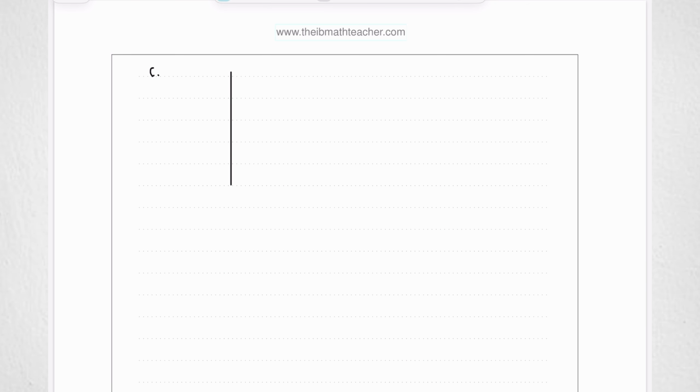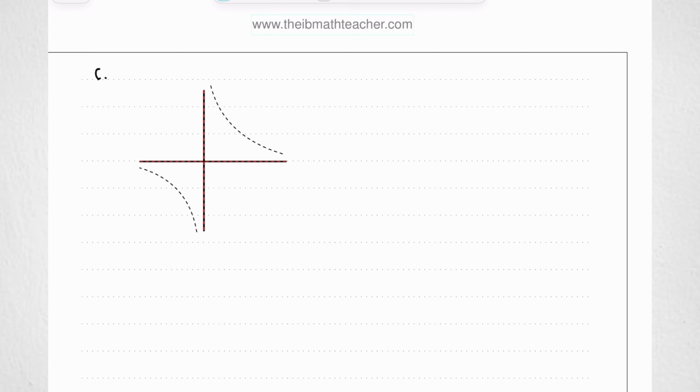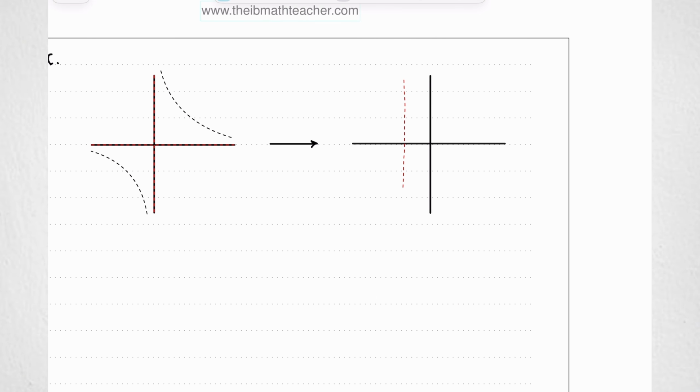Now let's base our analysis on the transformations that we have, starting from 1 over x, which is the parent function. If the goal was to graph 1 over x, you would have a vertical asymptote, which is x equals 0, and also a horizontal one, y equals 0. Now let's take into account the transformations. We have a horizontal shift k units to the left, which means that our new vertical asymptote will be x equals negative k.